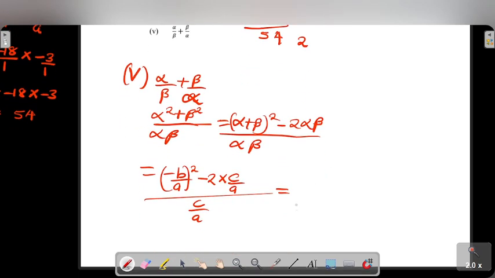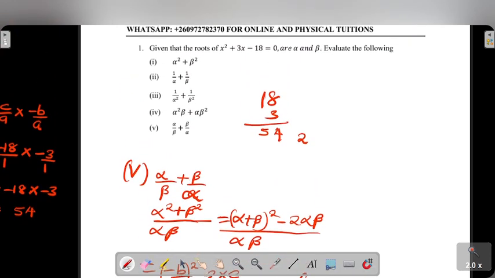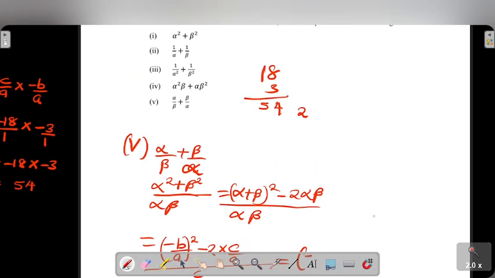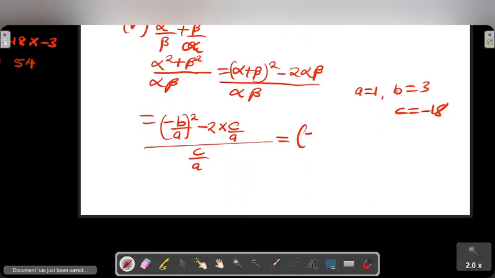So we have open brackets negative, what is our B? From our quadratic equation, we can see that A is 1, then B is 3, then C is equal to negative 18. So those are the numbers that we're going to use.